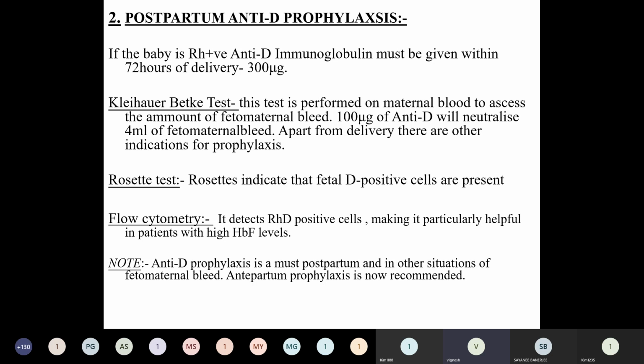So anti-D prophylaxis is a must. And in all other conditions of feto-maternal bleed, in addition to the antenatal prophylaxis, whatever event has occurred antenatally, you have to give anti-D prophylaxis as well as postpartum prophylaxis if the baby is Rh positive.